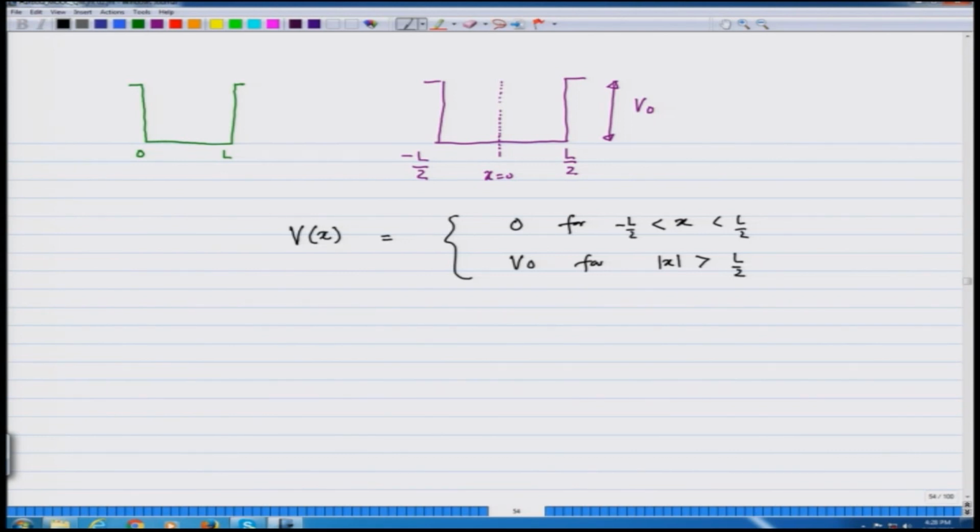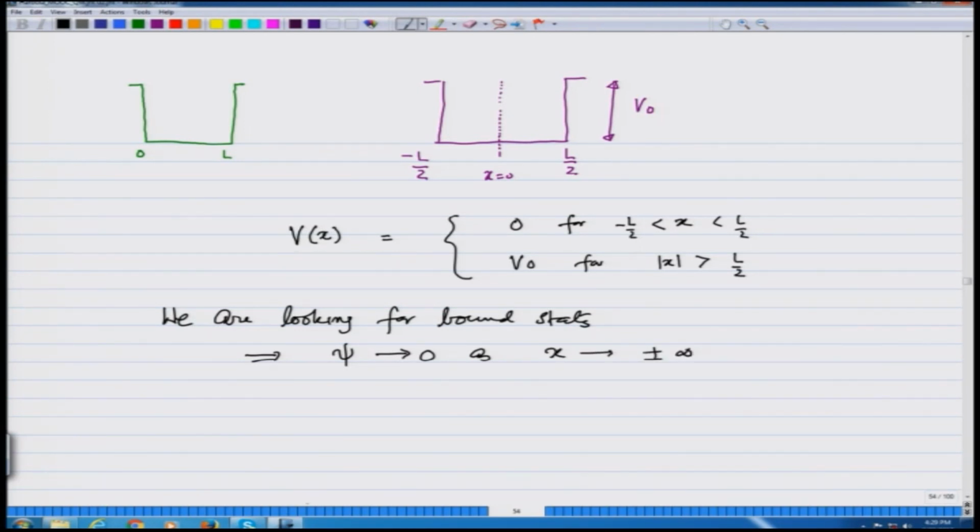We are looking for bound states, and that means the wave function psi goes to 0 as x goes to plus or minus infinity.